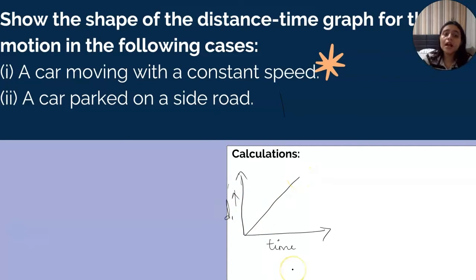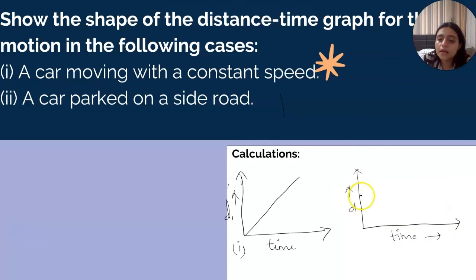So this is the car moving at constant speed, number 1. And for the second graph, since the car is not moving at all, a car is parked on a side road, it means it is at rest position. So the graph will go like, please always mention the axis. This is time and this is distance, and the car is at rest, so it will look like this. All right, so this is your second answer and first answer.